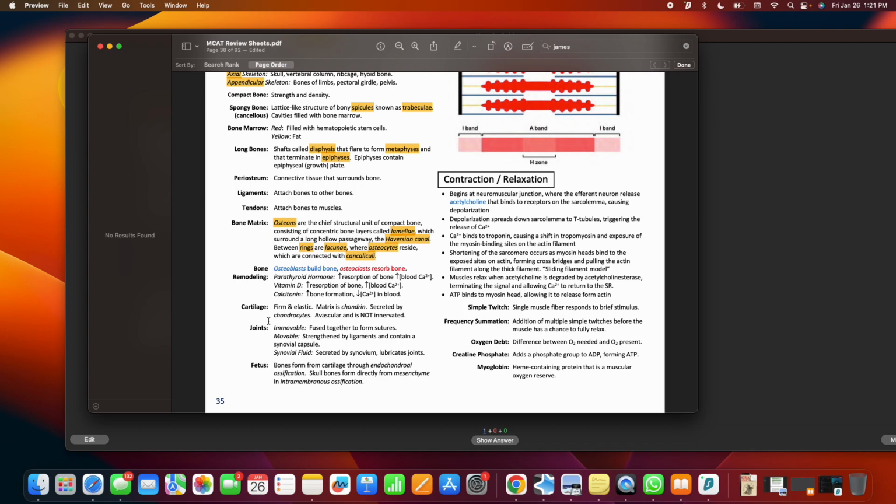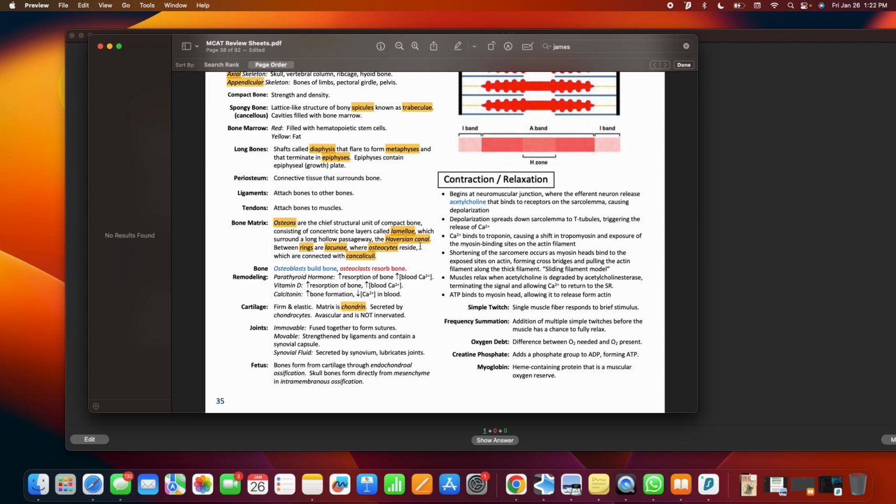So cartilages are firm and elastic, and joints are movable, and you have synovial fluid. So cartilages that are firm and elastic, matrix is chondrin.